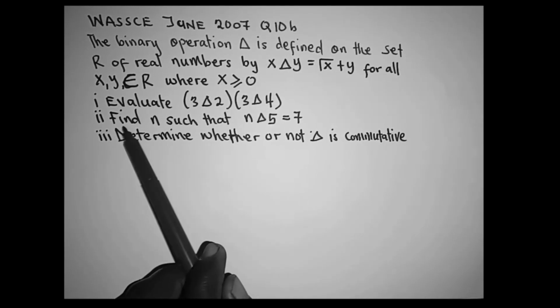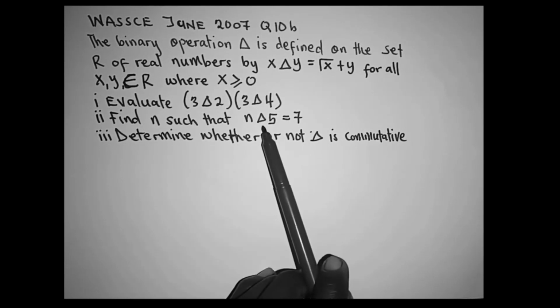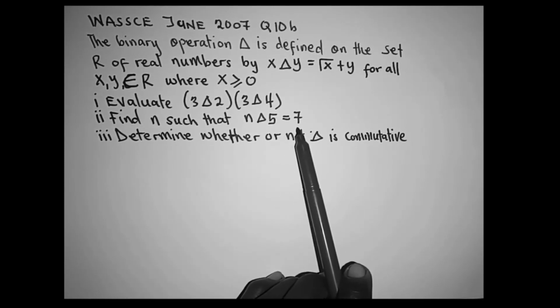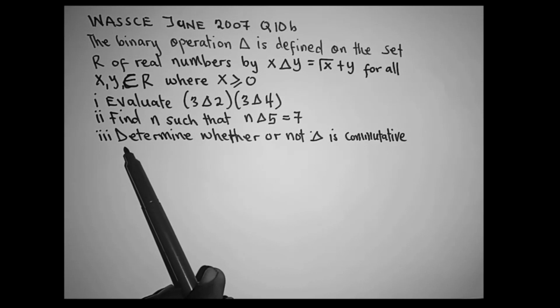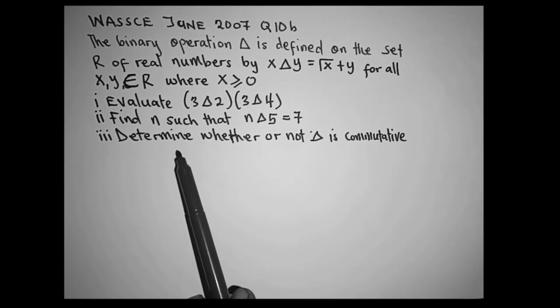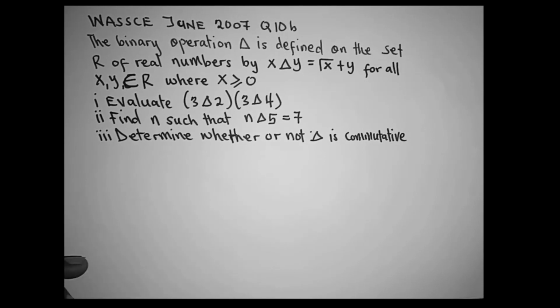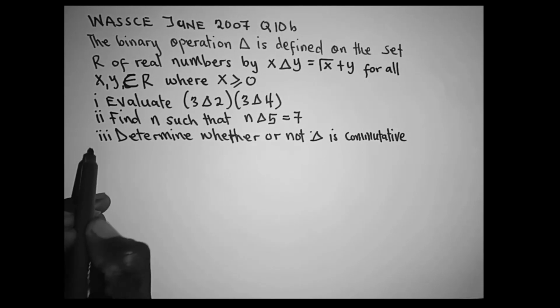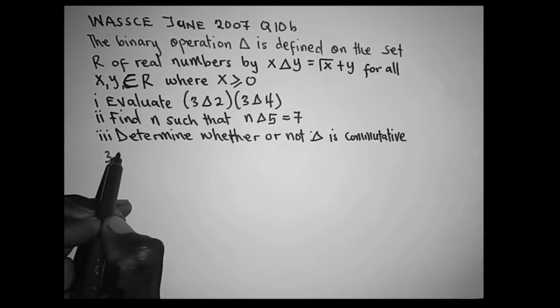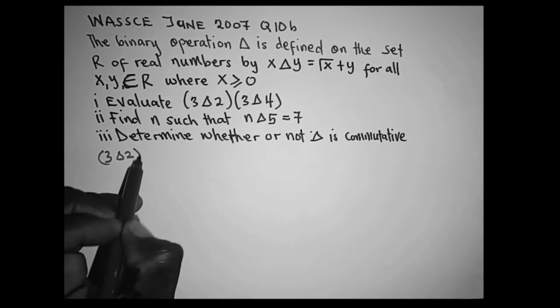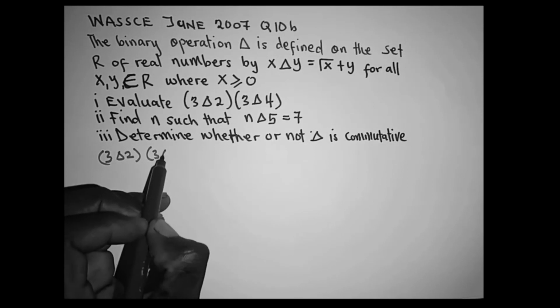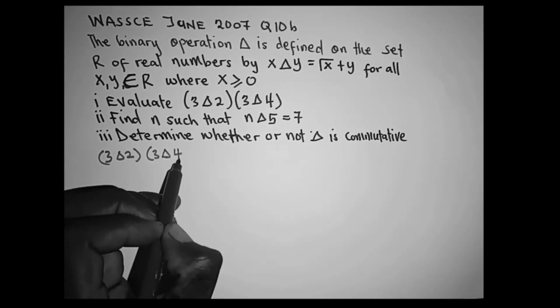And the second task is we should find n such that n operation 5 equals 7. And then the third aspect is we should determine whether or not the operation is commutative. So let's come to the first aspect. Let's evaluate 3 operation 2 times 3 operation 4.